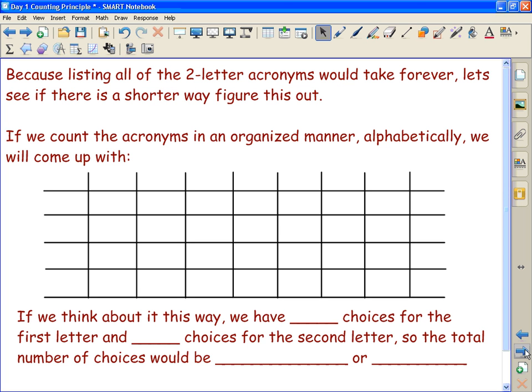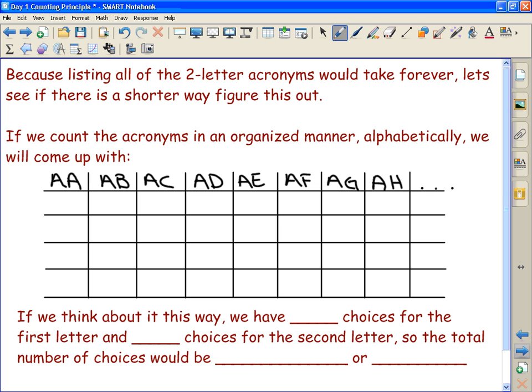Because listing all of those 2-letter acronyms would take forever, let's figure out if there's a shorter way to do this. Let's think about these in an organized manner. Let's start alphabetically, and I'm going to start writing them in alphabetical order. AA, AB, AC, AD, AE, AF, AG, AH, and so on.